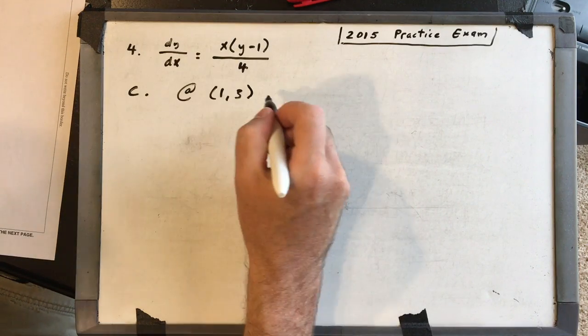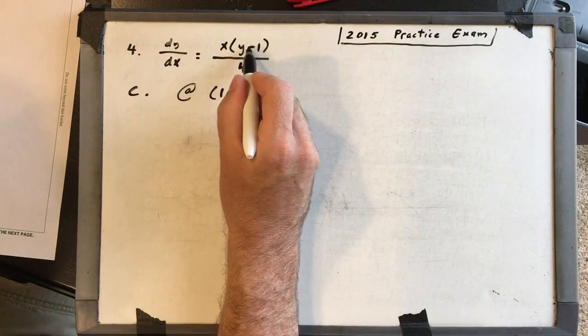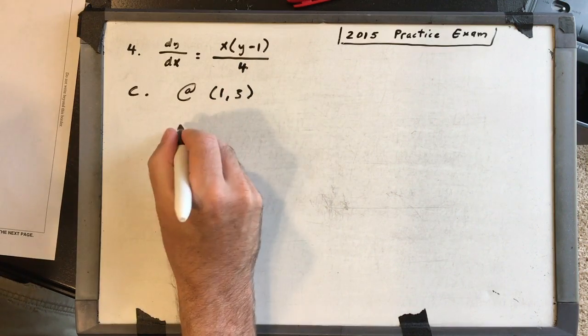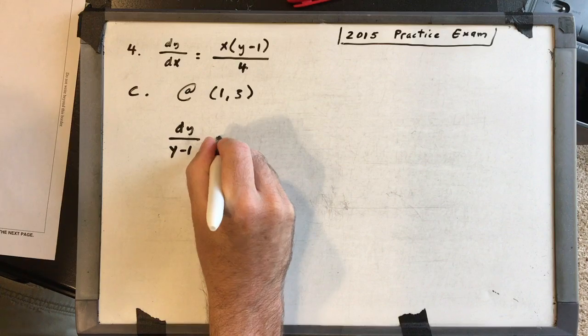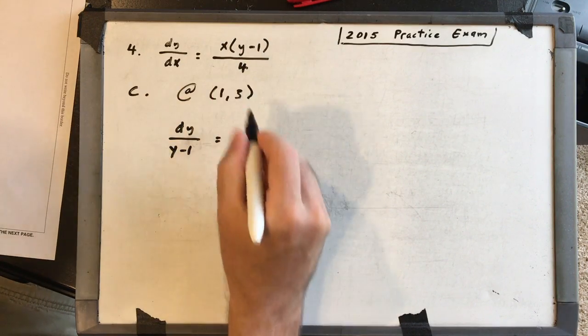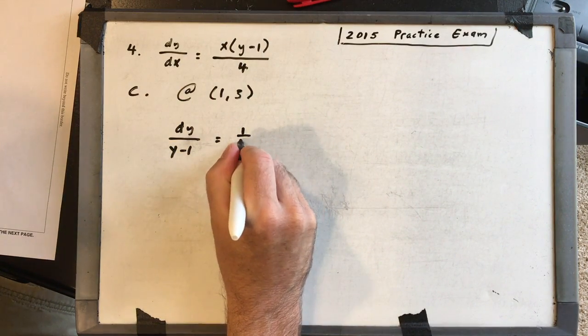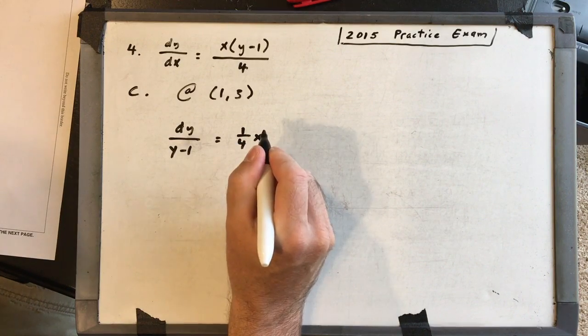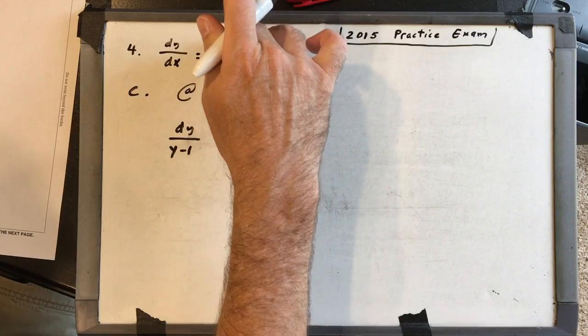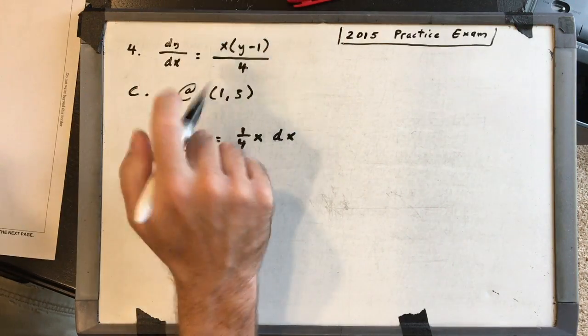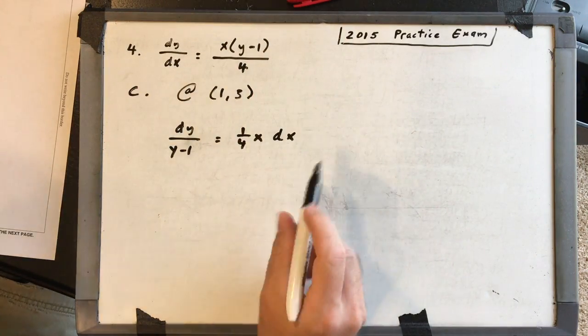Okay, so separating the variables, what I'm going to do is bring that y minus 1 underneath the dy. And then x over 4, I'm going to write that as 1/4 x, because I'm just better at thinking that way, and then dx. So I brought the y minus 1 underneath, and then multiplied both sides by dx.